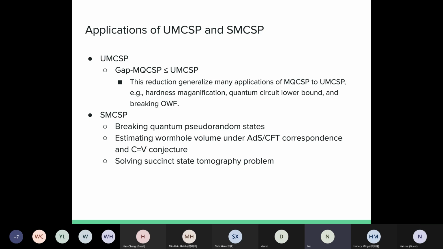People are considering the complexity of states, pseudo-random states, or how to learn a state, like shadow tomography or full state tomography. There are many topics about states. We show that if you can solve this SMCSP problem, then you can break quantum pseudo-random states, which is a quantum generalization of PRG.